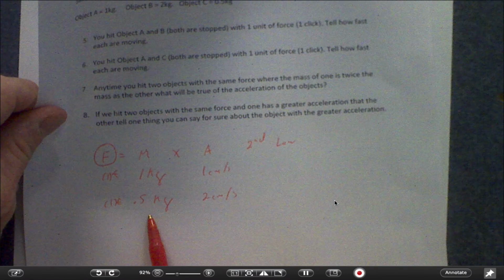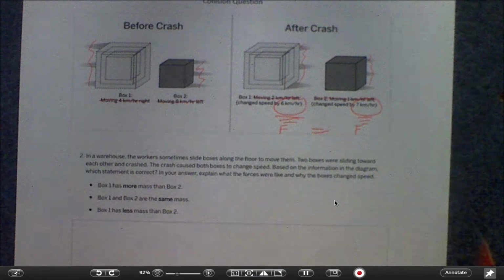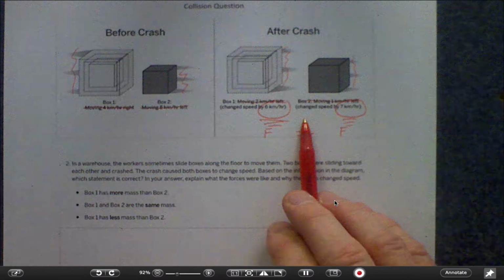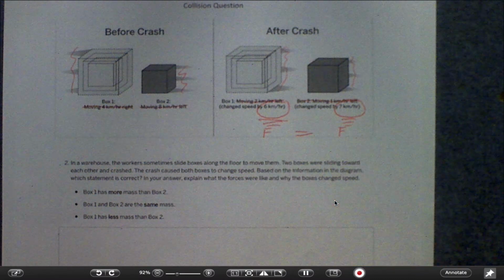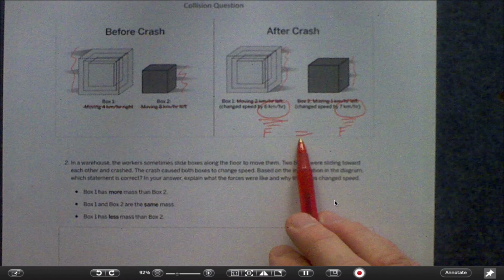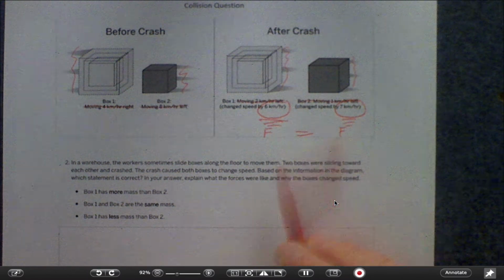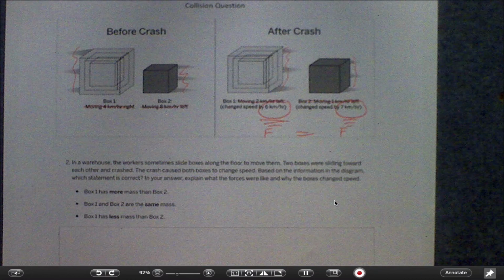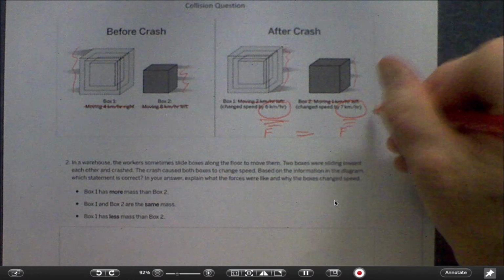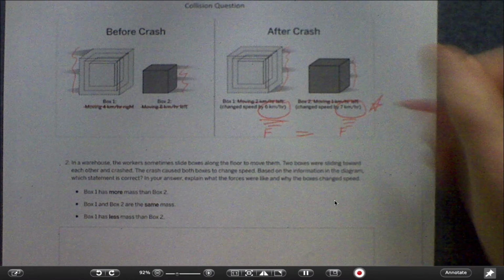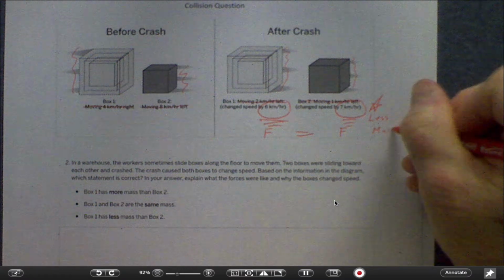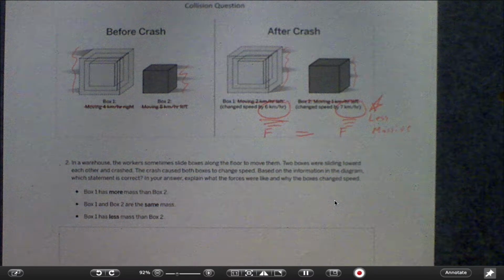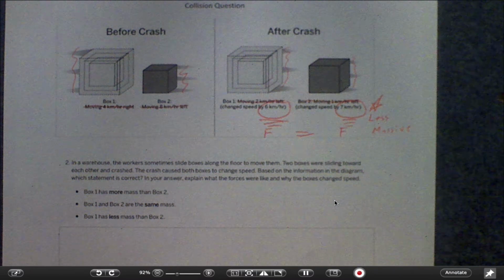That is the Newton's second law statement. So if we look again at the boxes, Newton's first law, we know there was a force because we had an acceleration. Newton's third law, we know that force is equal on both, and since both of them were hit with the same force, the one with the greater acceleration has to be less massive. And that is your Newton's second law statement.